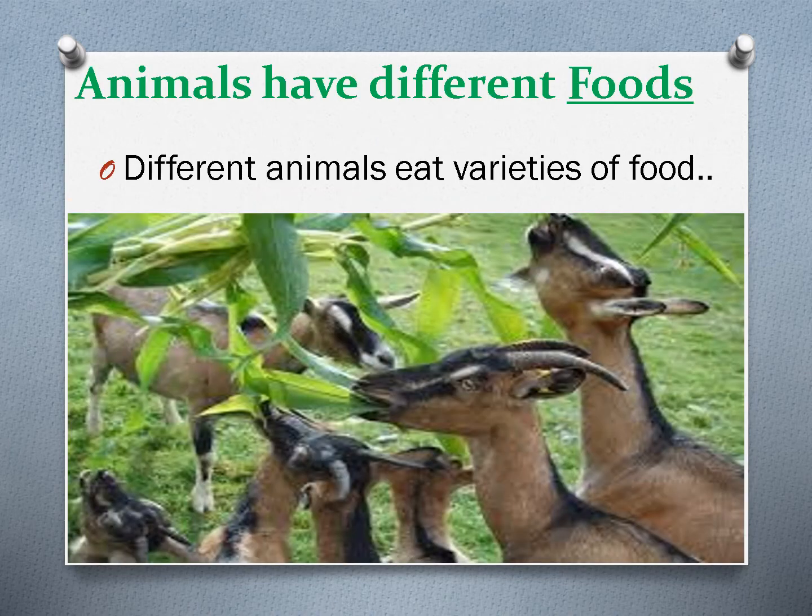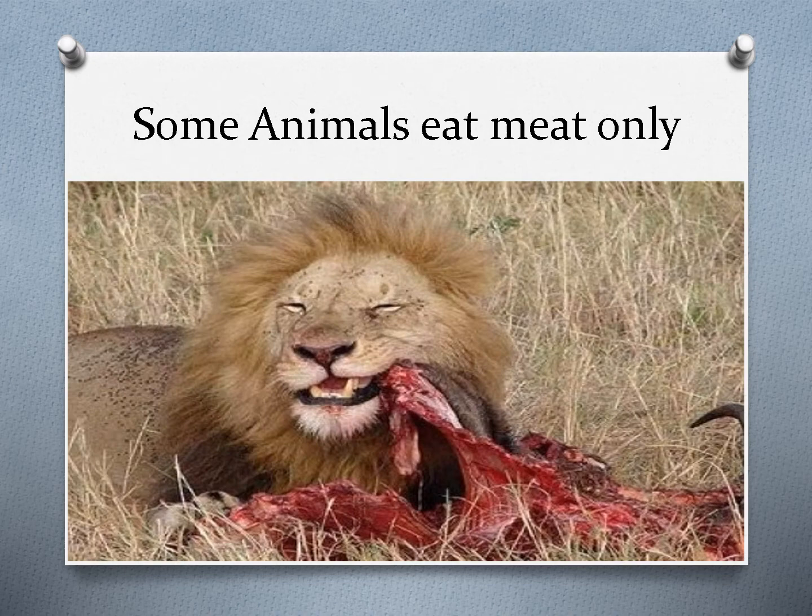Okay, another one. Animals are different because of the food that they eat. Different animals eat varieties of food. Just like, for example, there are animals that eat plants only. There are some animals that eat meat only, just like this lion in the picture.